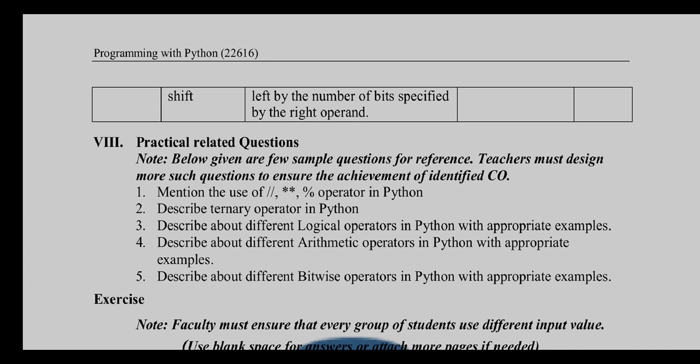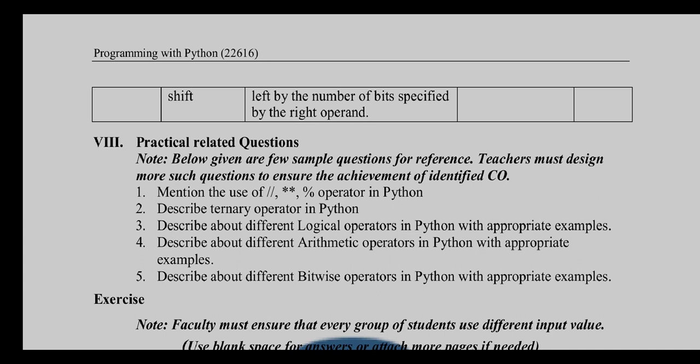So what we have to do after this is the practical. These are the practical related questions, you have to write them in your notebook, and when you get the manual, you have to stick them in that manual. Mention the use of floor division, exponent, then modulus operators in Python.